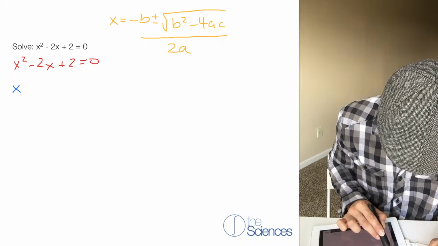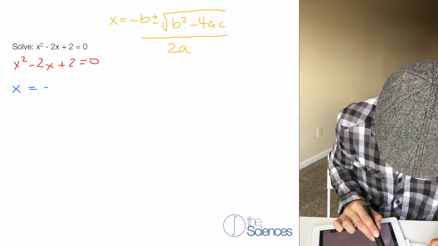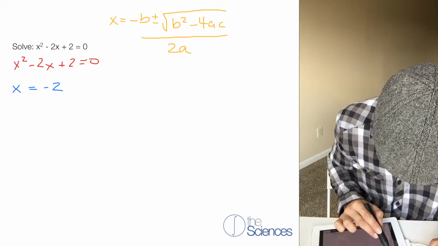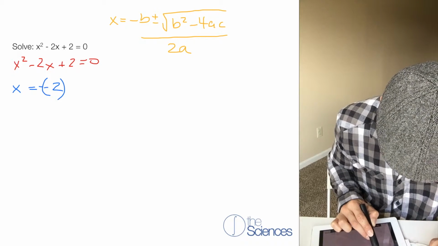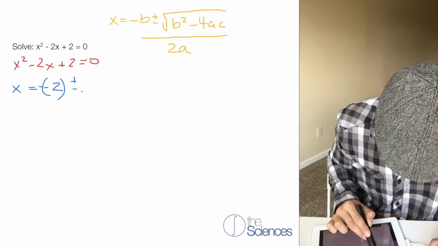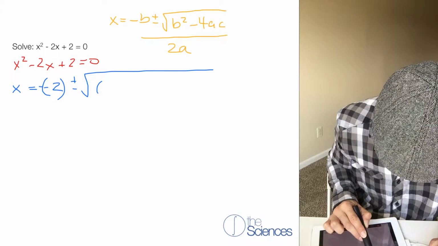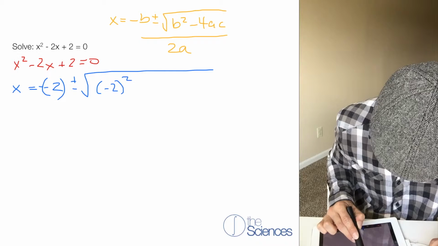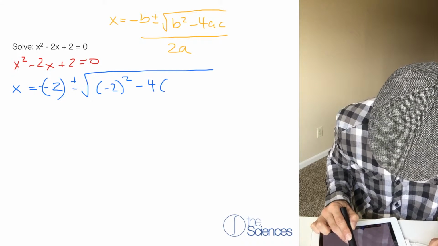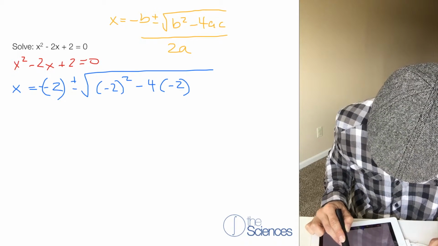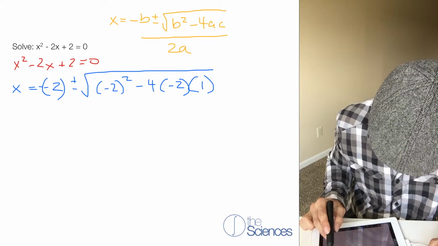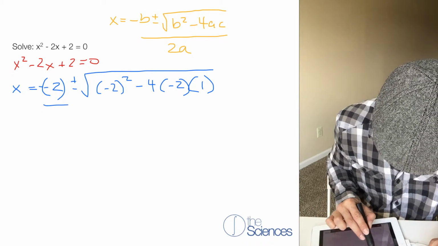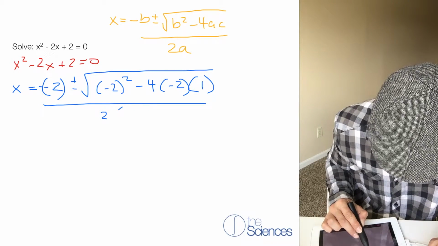So now we have x equals negative negative 2, plus or minus the square root of negative 2 squared minus 4 times 1 times 2, all over 2 times 1.